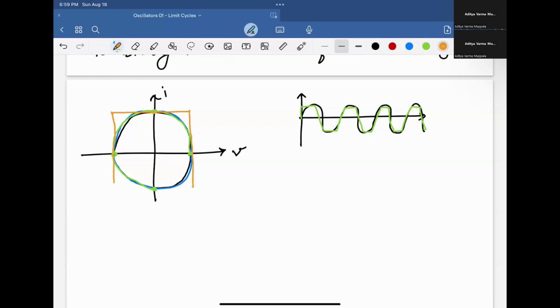So it's not enough just to look at the shape of the limit cycle. You also need to look at the trajectory of phase along the limit cycle. The limit cycle has an amplitude factor, which is this, and it has a phase factor. That's why studying these dynamics becomes very important, and we'll look at it more quantitatively as we go through.